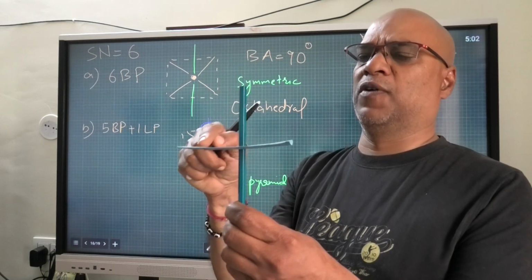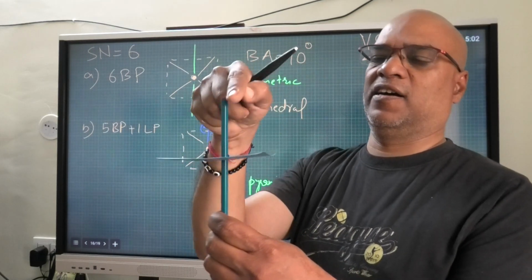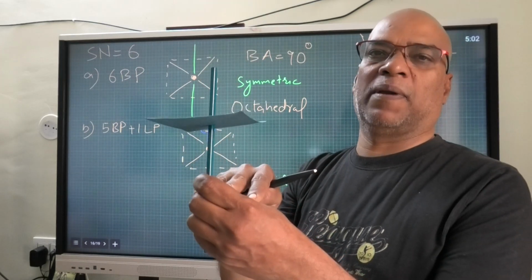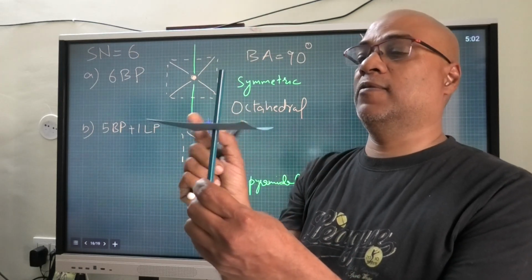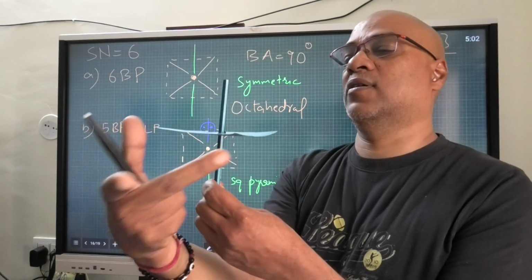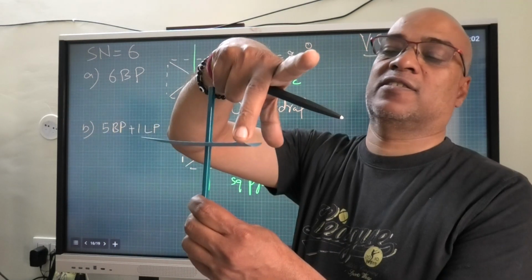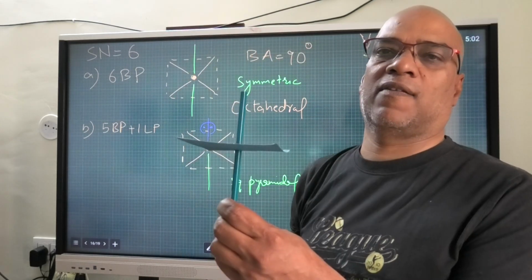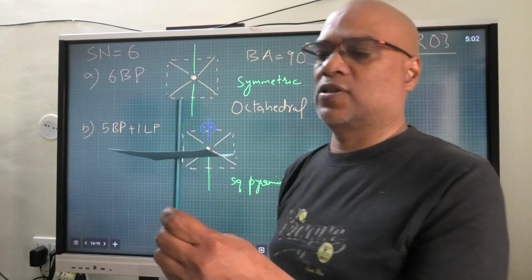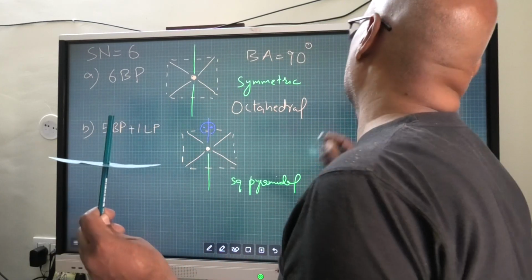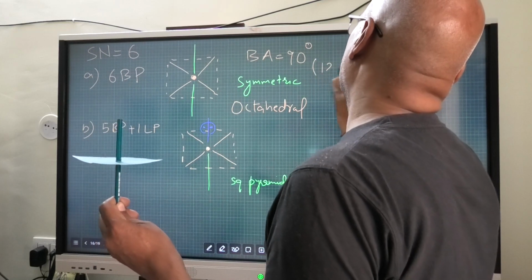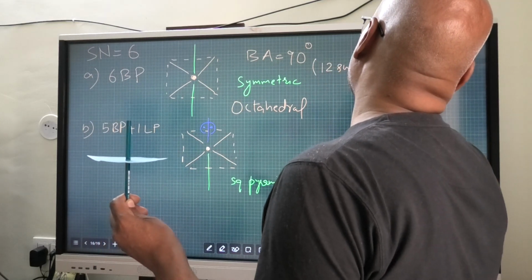There will be 1, 2, 3 and 4 above the plane, 4 below the plane, 8, and then 9th, 10th, 11th, 12th. So there will be 12 such 90 degree bond angles.